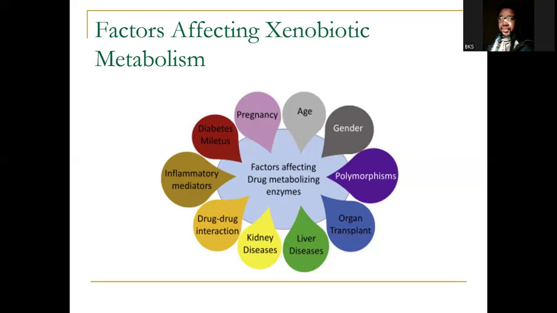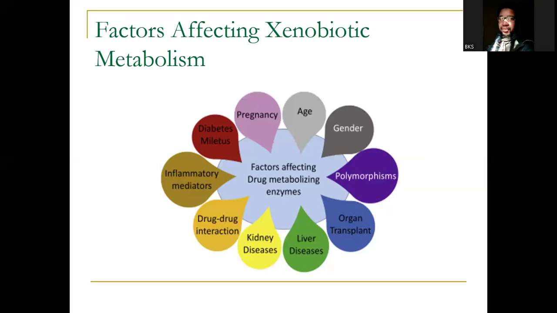Generally, disease conditions can reduce the ability of these organs to produce, for example, bile acid, and how bile acid facilitates the removal of these substances. Of course, if bile acid is not produced, the substances can remain high in the system, and that affects the metabolism of the drug.